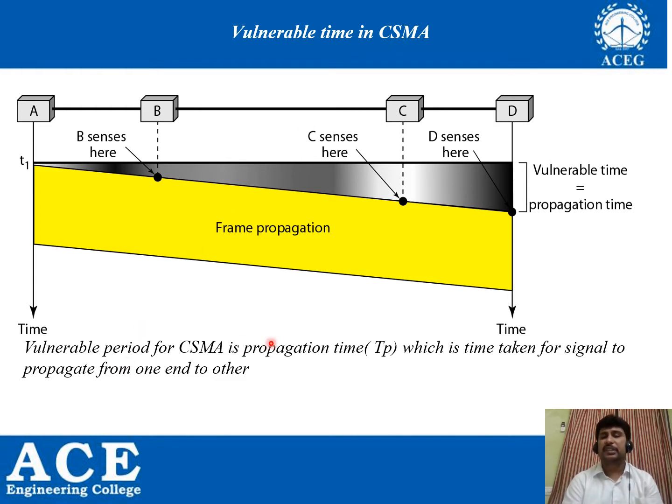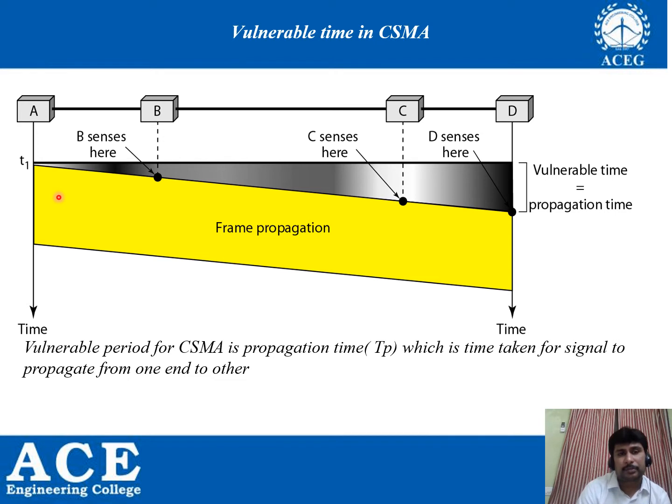The vulnerable period for CSMA is the propagation time, which is the time taken for a signal to propagate from one end to the other. For instance, take station A. Whenever station A has data to be sent to station D, in the meantime there is a chance that B senses the channel idle, transmits and collides with A. C may sense at a time when there is no collision, but later there might be a collision, and the same with D. So at any instant there is a possibility of a collision for the frame A sends.